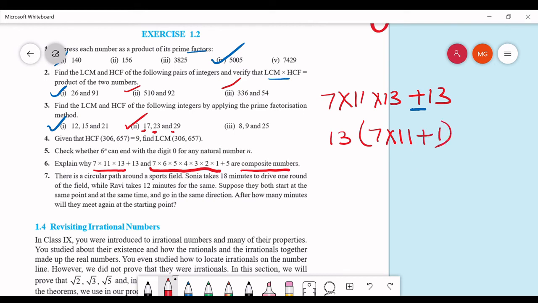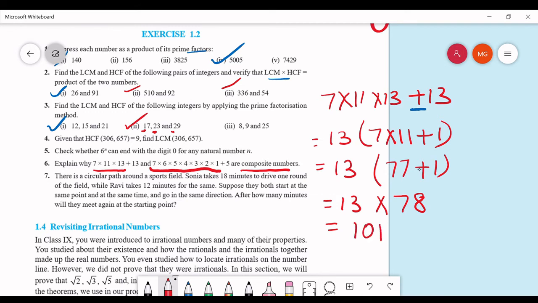Now this will be equal to 13 multiplied by 77 plus 1, so 13 multiplied by 78. Now see, whatever value you are getting after multiplying 13 and 78, you will be getting some number, 1014, right? Okay, leave that. Even if you are not calculating this value, you still know that it has factors other than 1 and the number itself, right?